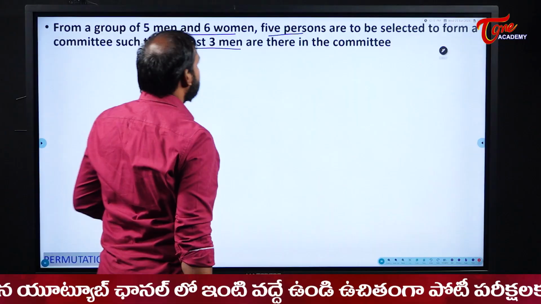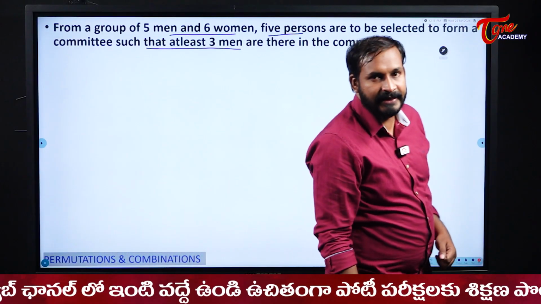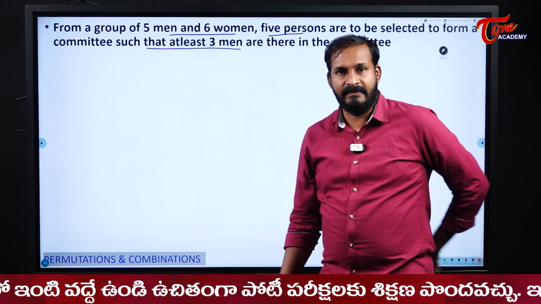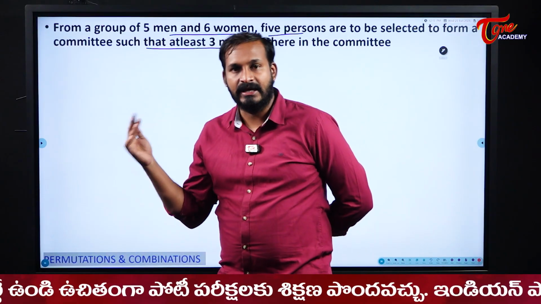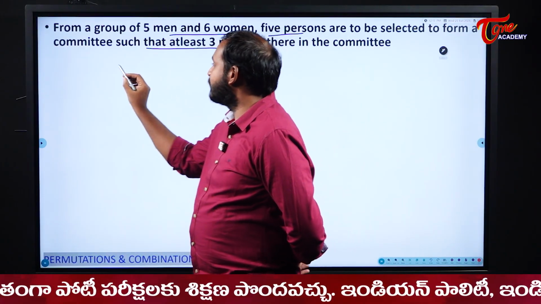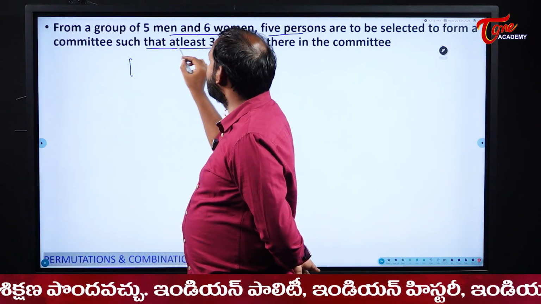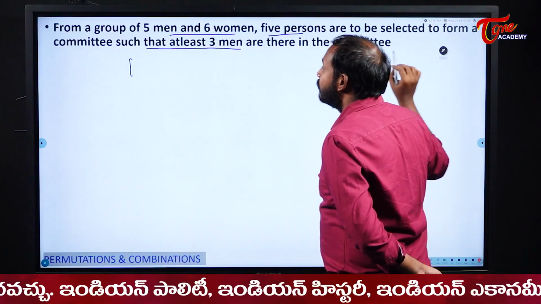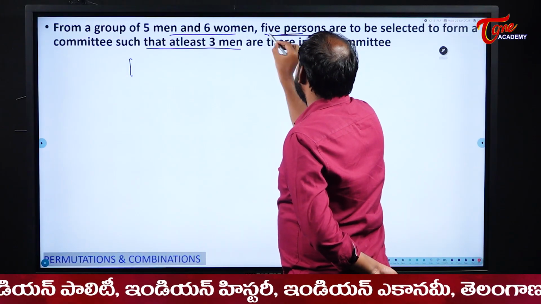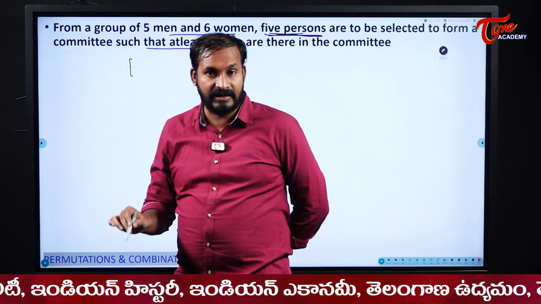At least 3 men are there in the committee. See here, first of all we will find the things. At least 3 men means what, students? In how many different ways can I form the committee? Total is what? I should make a committee of 5 persons. In that at least 3 men should be there.